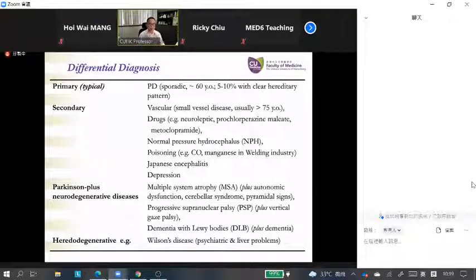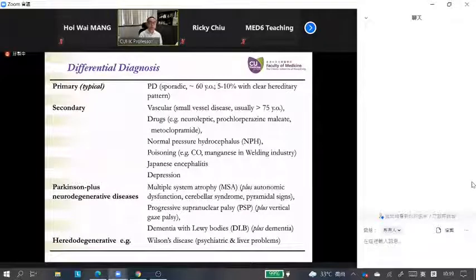Among familial Parkinson's disease, we have discovered known genetic mutations in about 30%. For the other 60-70%, we still could not find the genetic abnormality. But overall, the majority are sporadic.